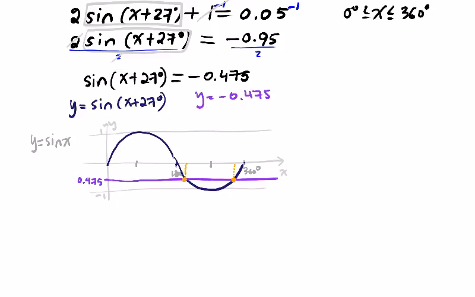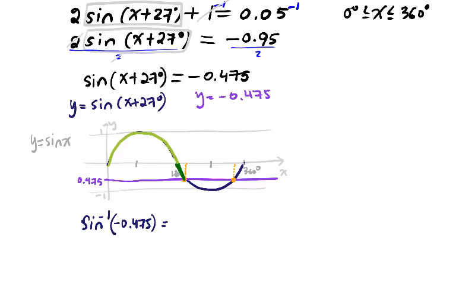The first one is this one that goes all this way here. So 180 plus that little extra bit after the 180. But how do we find it? Let's go to the calculator and do sine inverse of negative 0.475.